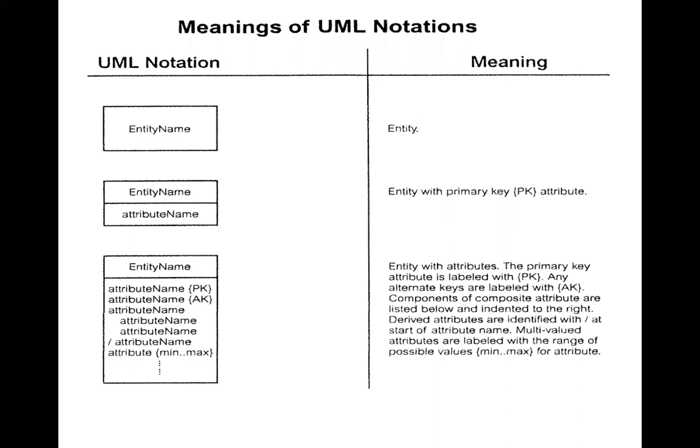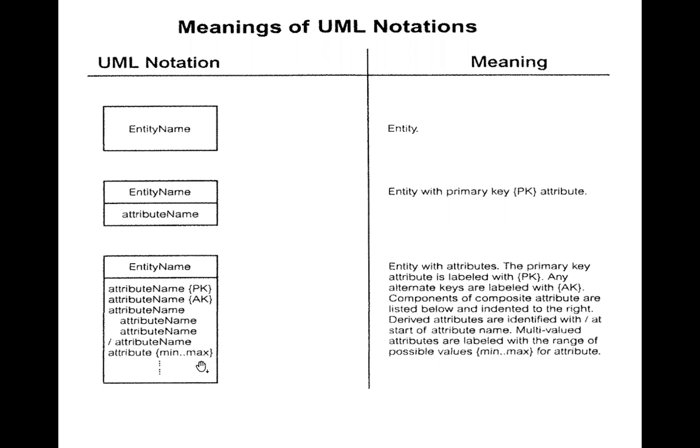Instead, that's something we can calculate from other things. For example, you could store date of birth in your database, but you can calculate the age, right? The age of a person by using the person's date of birth. Then the age would be a derived or a calculated attribute.